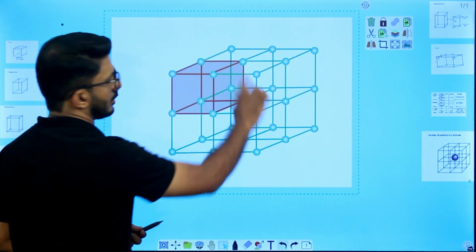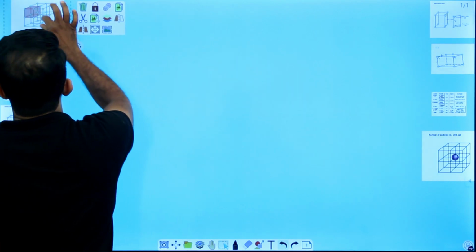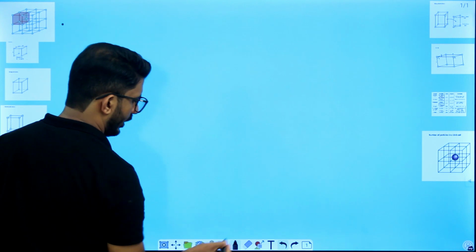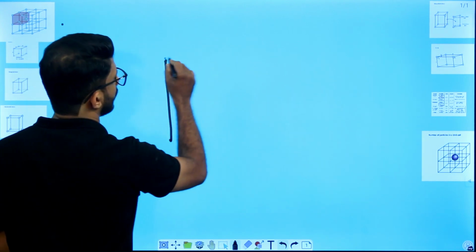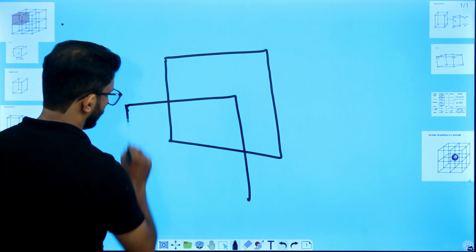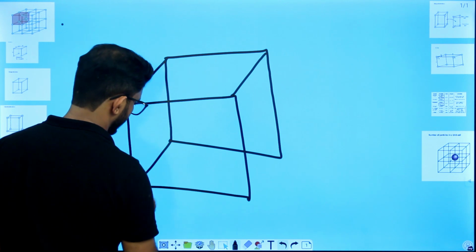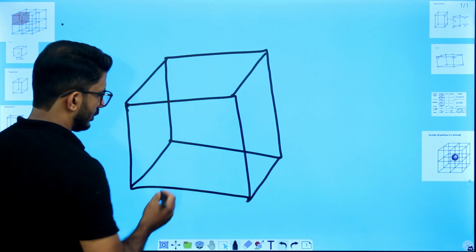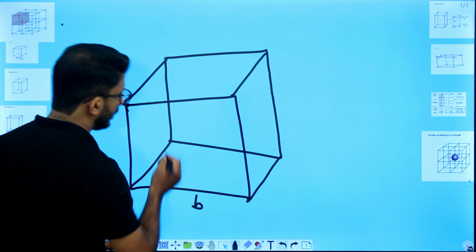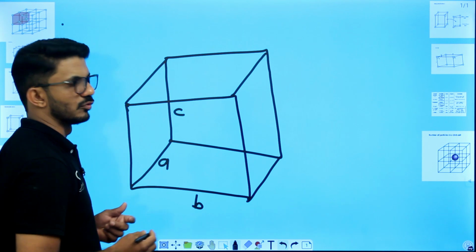This is cubic. When we take a unit cell, suppose this is a unit cell. I am taking this as A, this as B, this as C. And there are three different angles also.